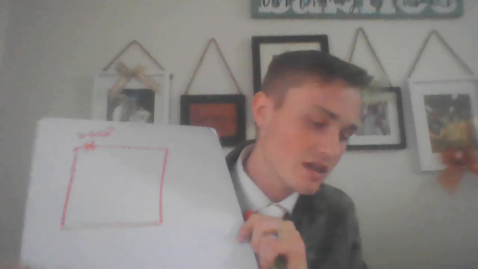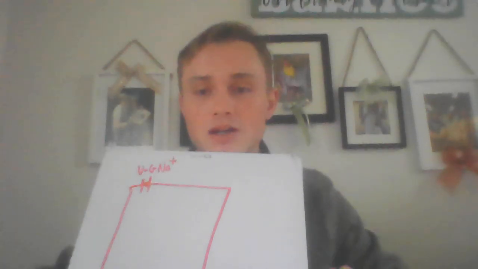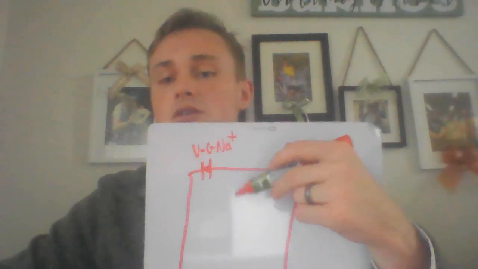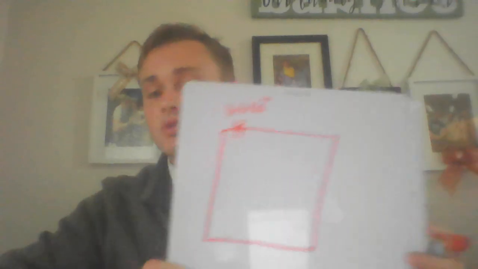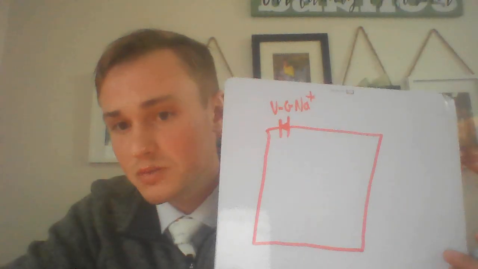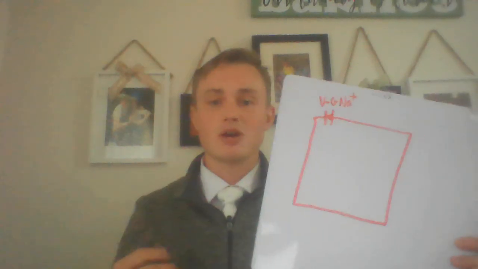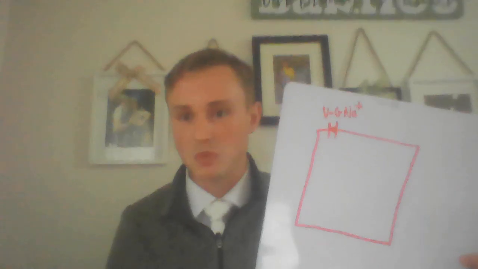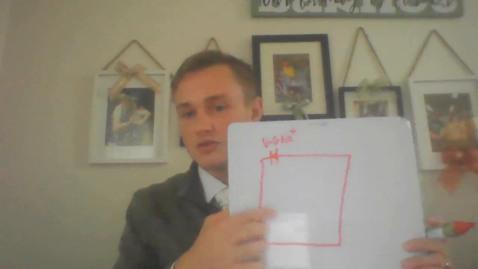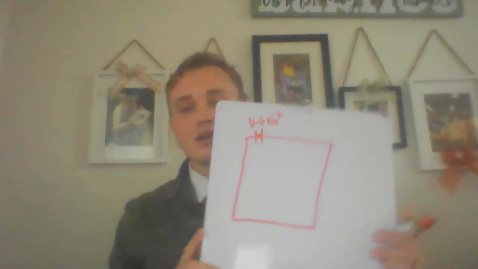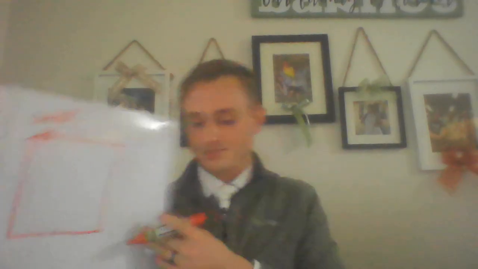Now notice I didn't talk about voltage-gated sodium channels when I was talking about autorhythmic cells or pacemaker cells because they don't have any. But our cardiac muscle cells do have voltage-gated sodium channels, which is something that you see on pretty much all the other cells in the body. So you should be pretty familiar with this by now if you've been going through my videos.